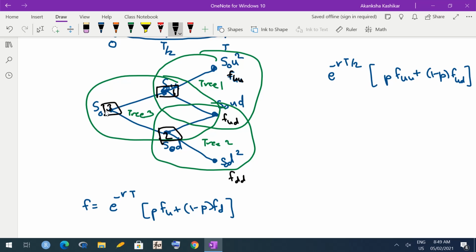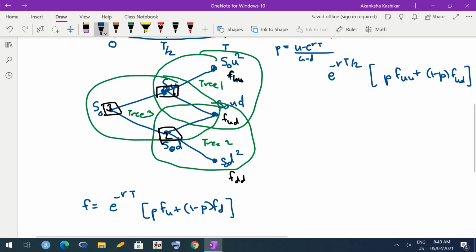I'm going backwards. One small point to be noted, when I say P, this P involves R, right? What was our formula for P? If you try to recall, the formula for P is U minus e raised to RT upon U minus D. So it needs T and it needs R. So we have two assumptions, if we are going to use the same P throughout.